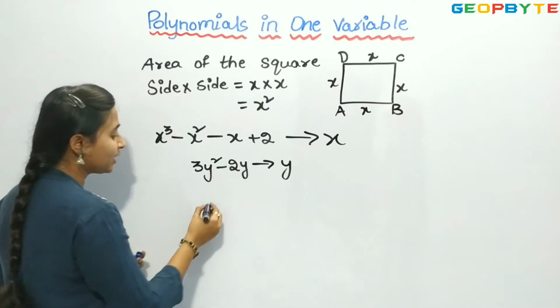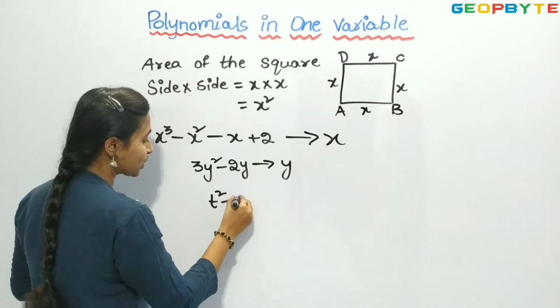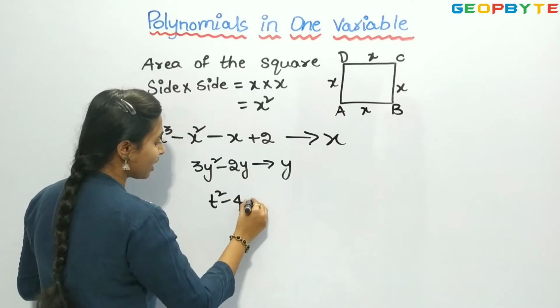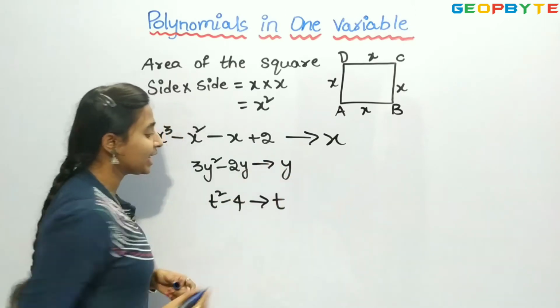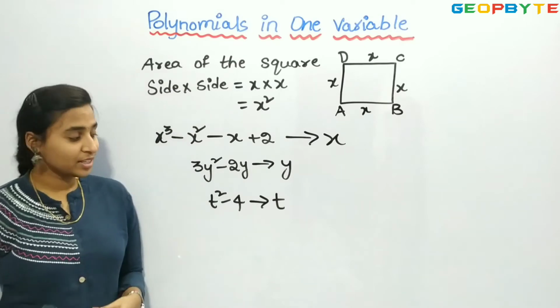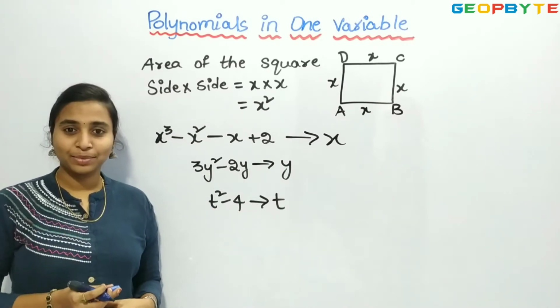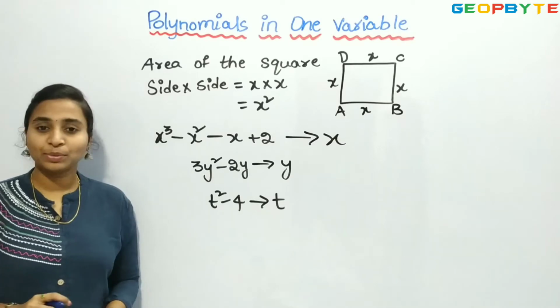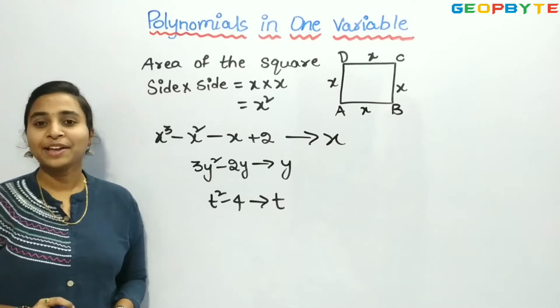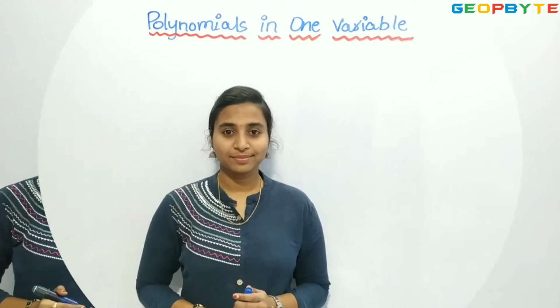And let me take another polynomial, t² − 4. Here I have only t as a variable. So, these are some of the polynomials having only one variable.